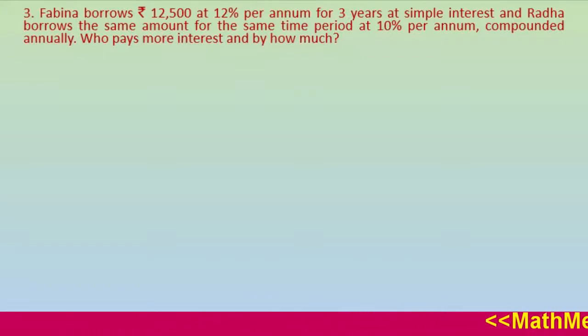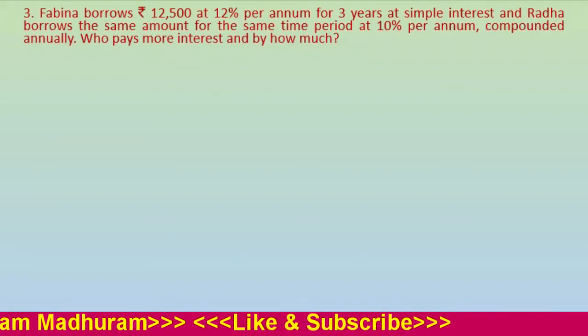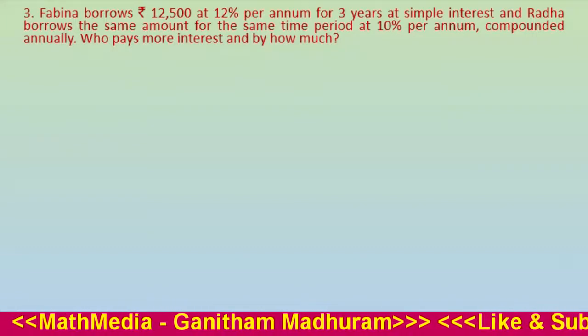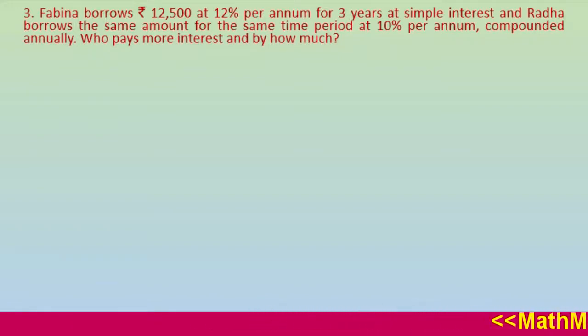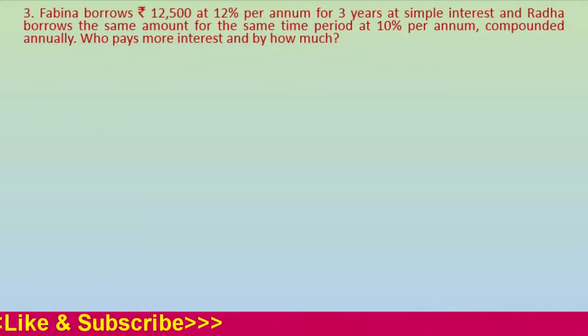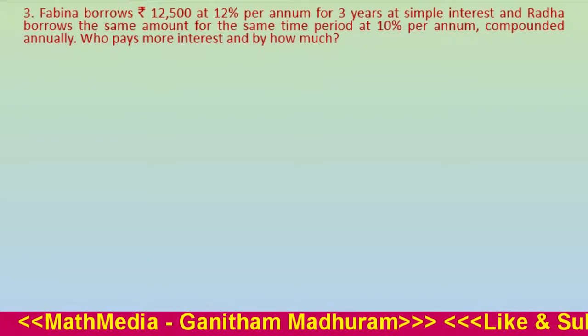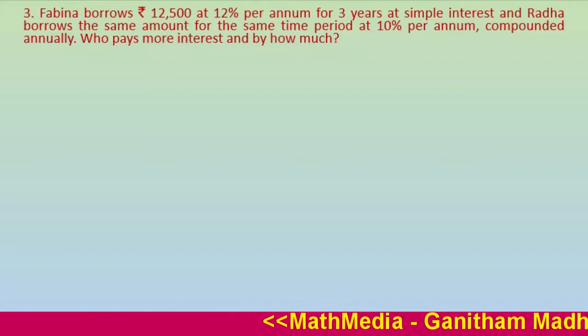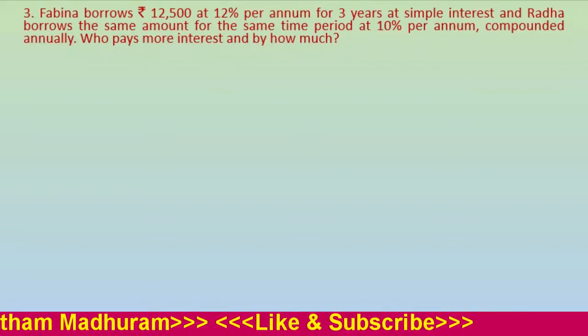12,500 is borrowed by Fabina and Radha. Fabina borrows this amount in simple interest, rate of interest is 12% and time period is 3 years. But Radha took this amount at 10% per annum for compound interest, that is compounded annually.